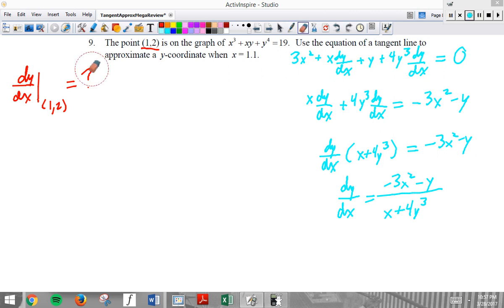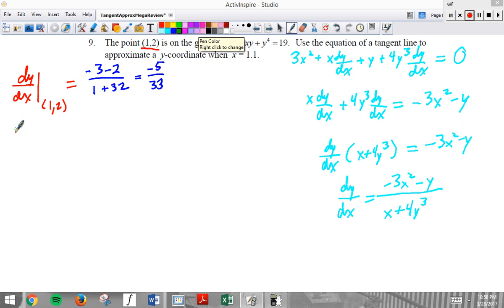So now I know how to get the slope at that point by replacing all the x's with 1s and all the y's with 2s. I'm just going to go right for it. Negative 3 minus 2 over 1 plus 32. Negative 5 over 33. That's hideous. So I'm just checking my work because I think that's really awful. I don't see anything wrong.